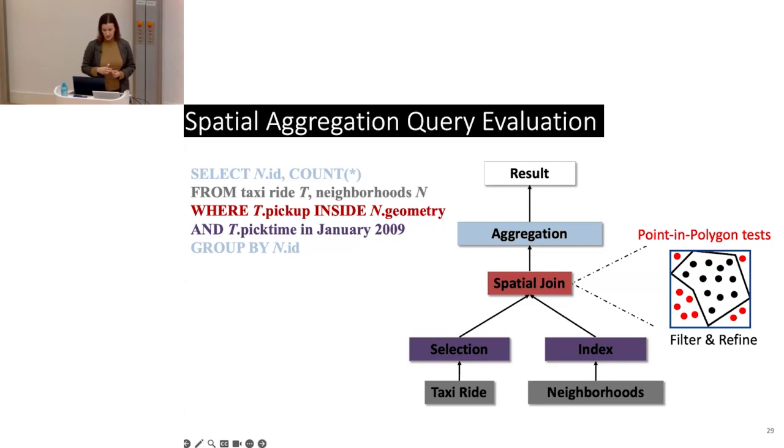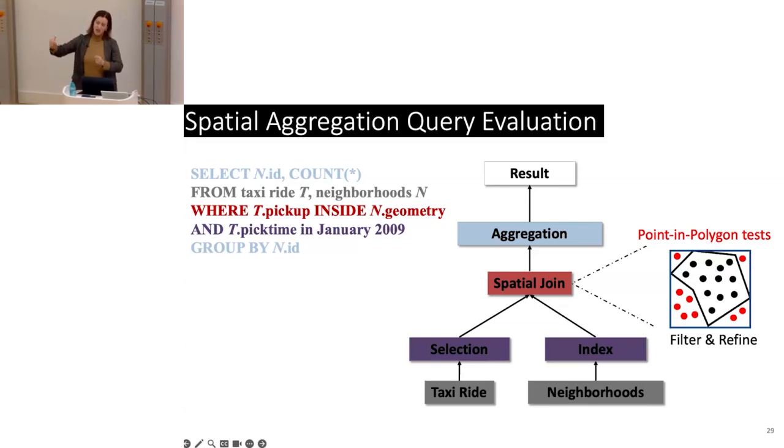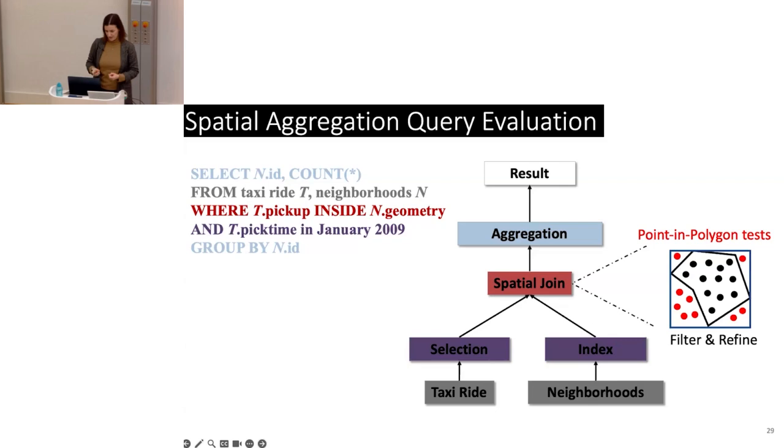And as you can see, if we go through this query block by block, we can see that as input, we have 2 data sets. We have a data set of many taxi rides in New York City, which are points, because we just focus now on the GPS pickup location of the taxi ride. And then we have a data set that has the boundaries of the neighborhood areas in Manhattan.